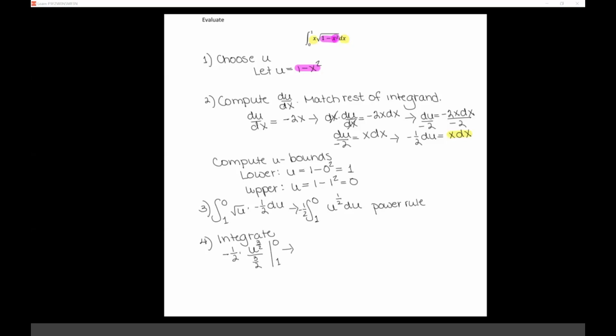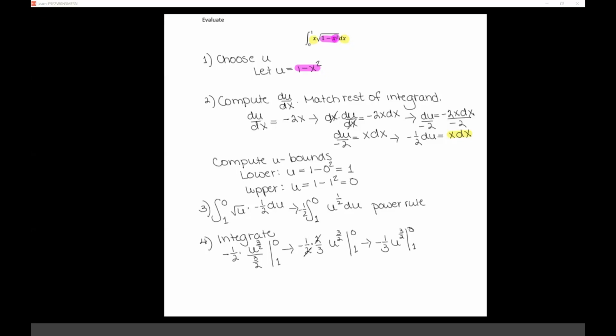I'm going to do a little more numerical manipulation first. Divide by 3/2 is the same as multiply by 2/3. So up front, I have negative 1/2 times 2/3. The 2's cancel out, and I'm left with negative 1/3 u to the 3/2 from 1 to 0.